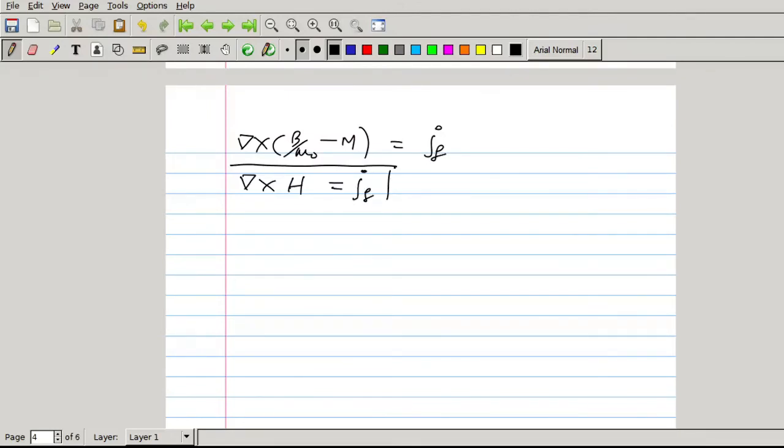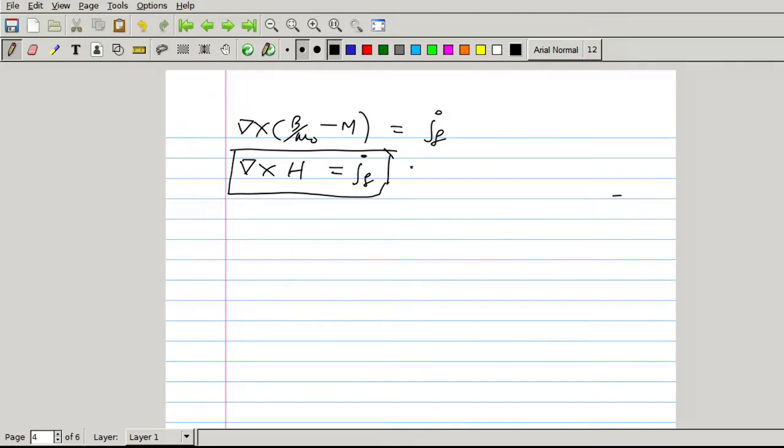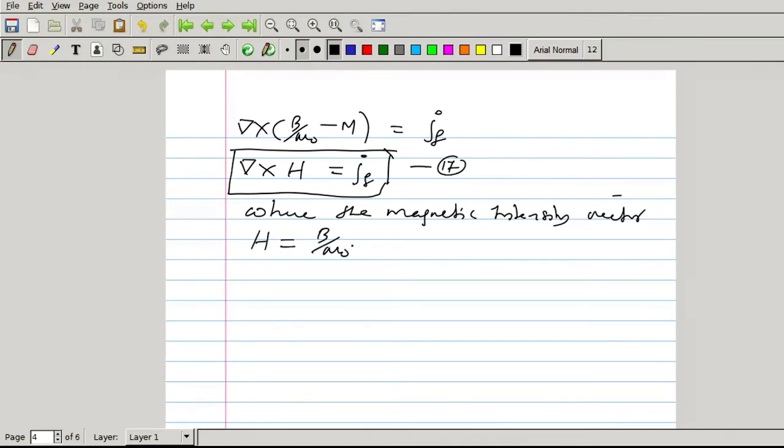So this is Ampere's circuital theorem in differential form for a dielectric medium, equation number 17, where the magnetic intensity vector H is equal to B by mu 0 minus M, equation 18.